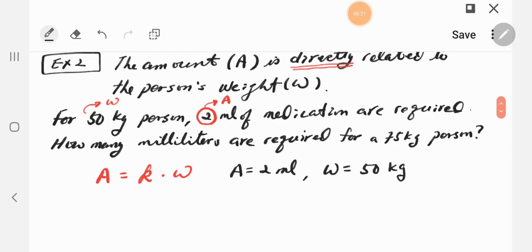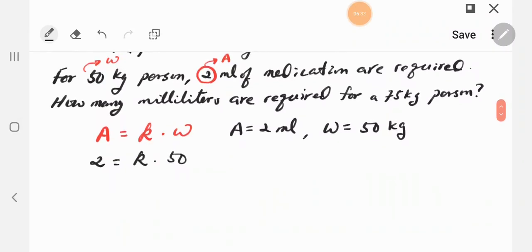So let's substitute these values for A and W. So the amount of medication, 2 milliliters, is equal to k times the weight of a person, 50 kilograms. So from this one, k is equal to 2 over 50. So k is equal to 1 over 25. Reduce, so 1 over 25.